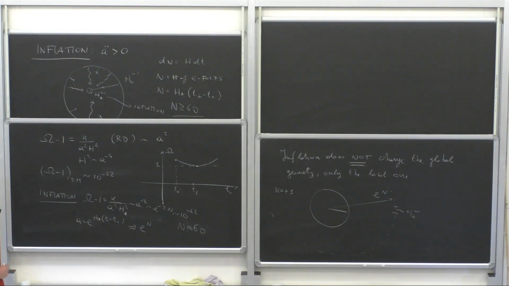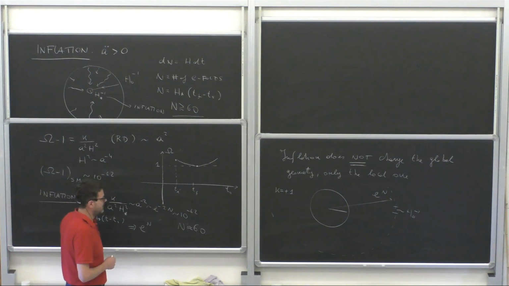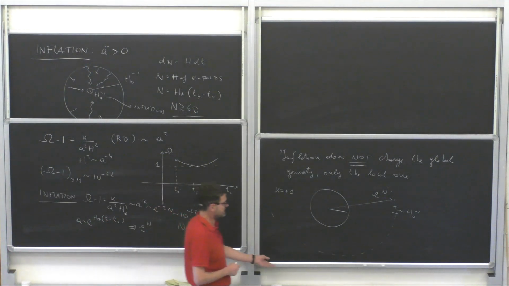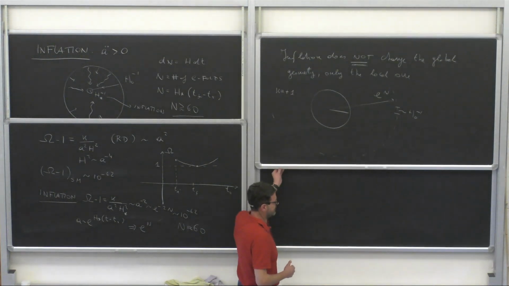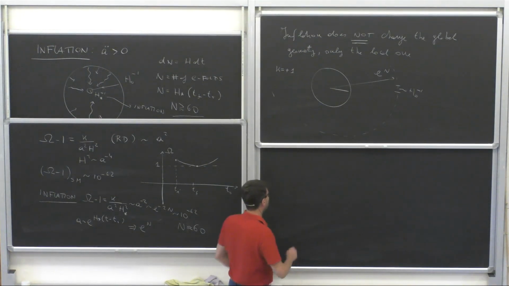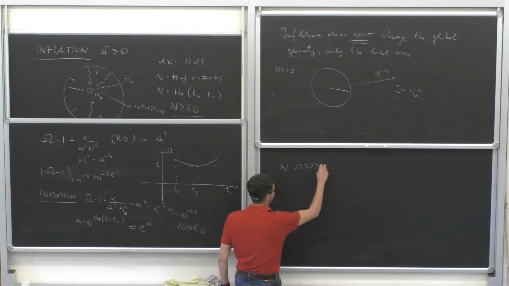In fact, what is going to happen in models of inflation which are reasonable is that the number of e-folds that you can compute, I will do a simple estimate afterwards, is usually much larger than 60.